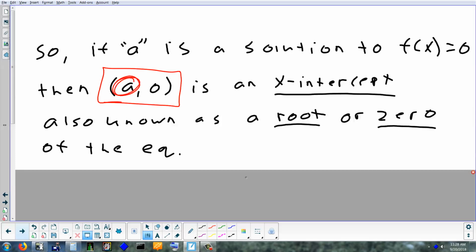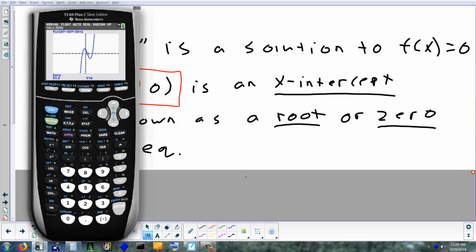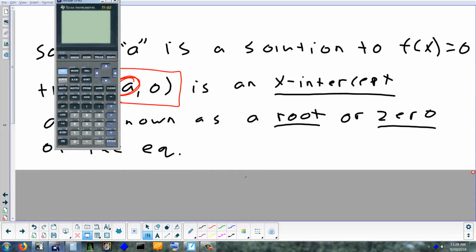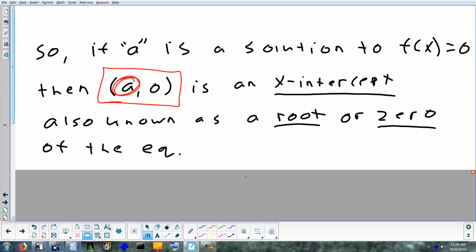On our calculators, when you go second calc, the second option is 0. On an older calculator, like this one, if I go second calc, the option it says there is root. So the term root and 0 mean the same thing.